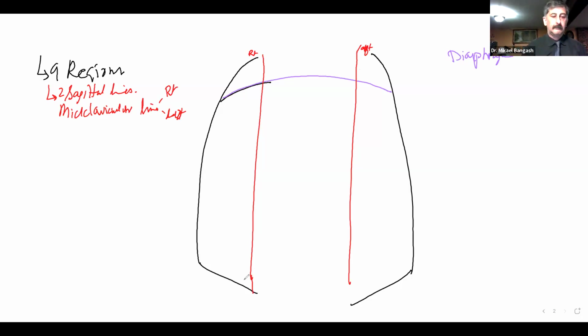Did you guys get that? Next, we also will have to draw 2 transverse lines or lines along the transverse plane.